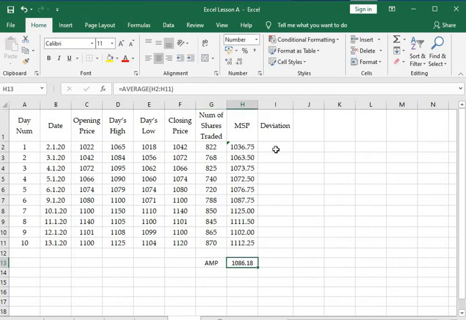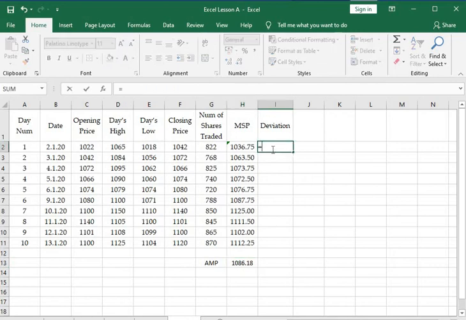Now I need to find the deviation. Deviation means from this cell, I need to subtract each of them one by one. So my source is going to remain the same. That means I need to apply something which will not vary as the source. So here I cannot give a formula which is relative for all of them.